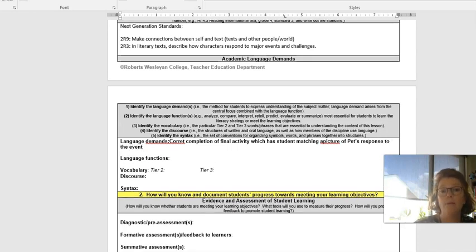So maybe what you have is, and I don't have anything created right now for it, a picture of Pete being upset, excited, sad, happy, and you show the pictures of the events, and the students have to correctly match them. So it's correct completion of final activity or final activity assessment, which has students matching a picture. So it's really what they're going to do.